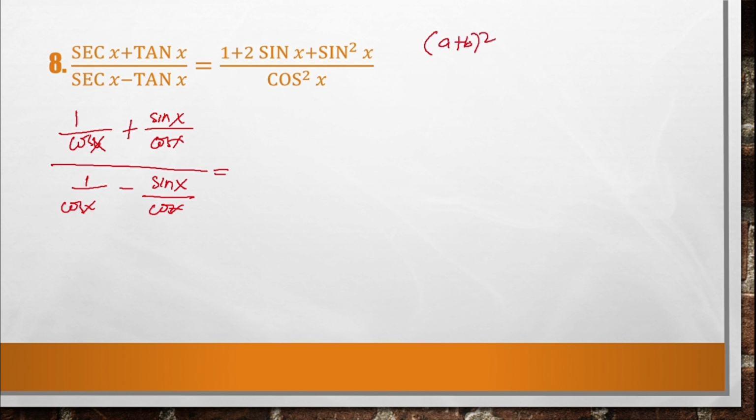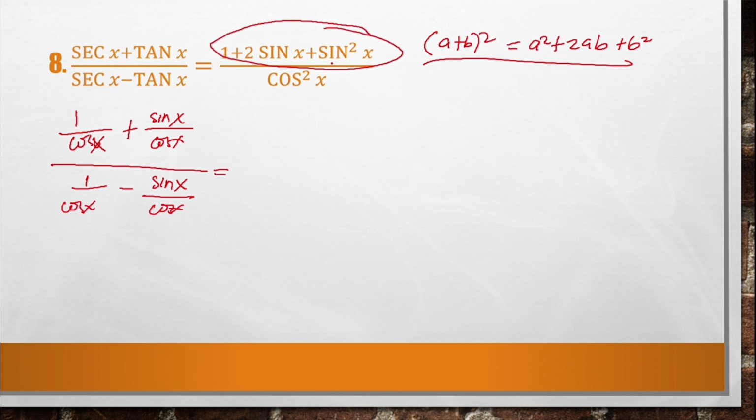So a plus b squared is equal to a squared plus 2ab plus b squared. So this is the identity for this part here. Therefore, we can have this one as 1 plus, the b here is sine x squared over cosine squared x.